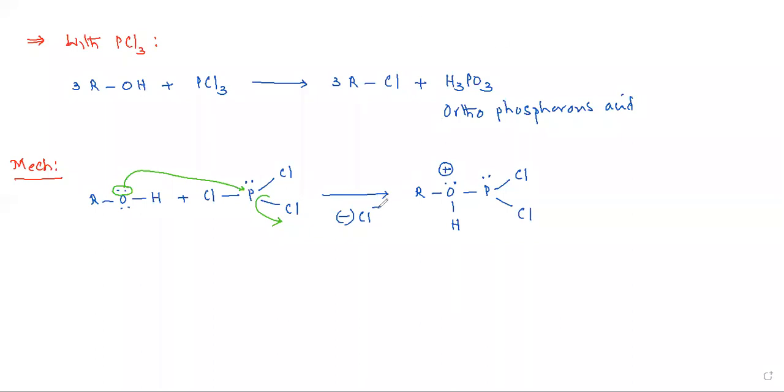Now, say this chloride straight away attacks the alkyl group from the back side. So here again it is SN2 mechanism with inversion of the configuration.